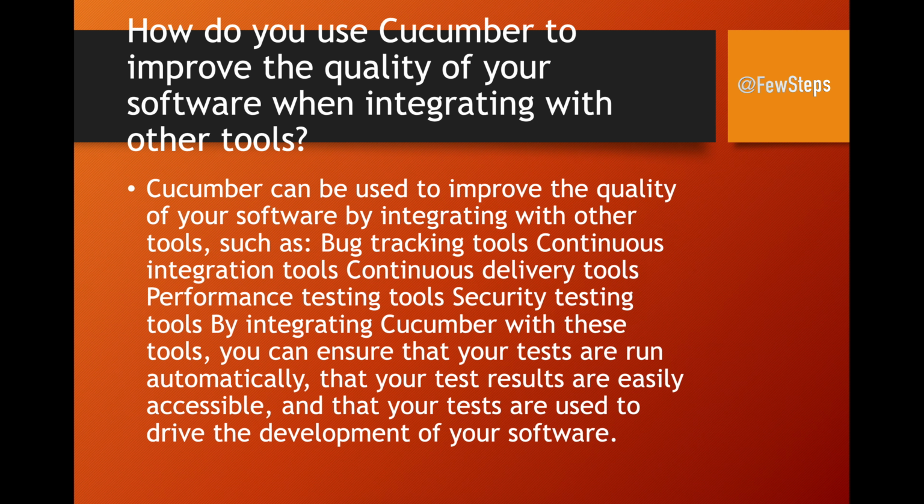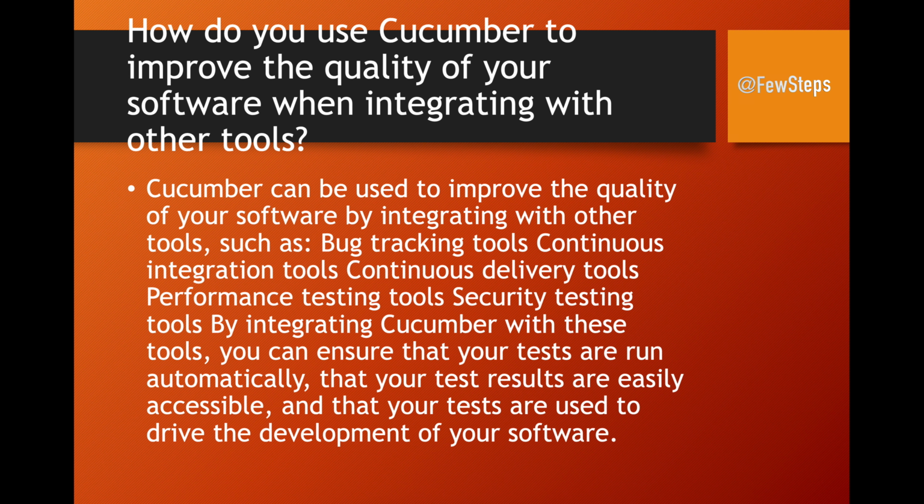Question 86. How do you use Cucumber to improve the quality of your software when integrating with other tools? Cucumber can be used to improve the quality of your software by integrating with other tools, such as bug tracking tools, continuous integration tools, continuous delivery tools, performance testing tools, security testing tools.